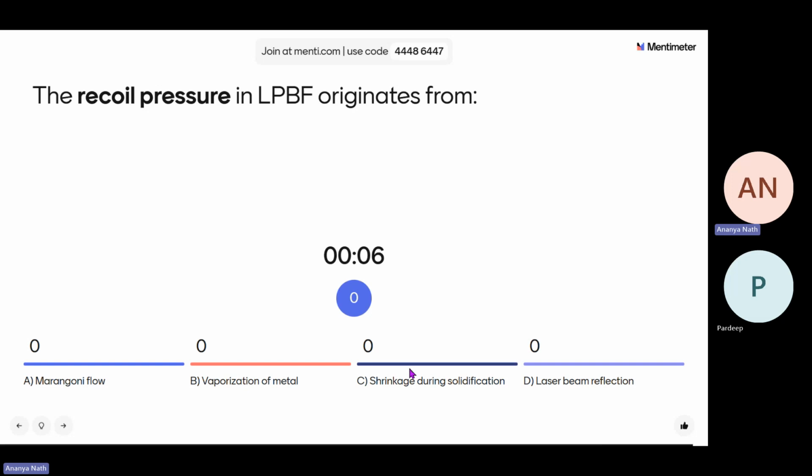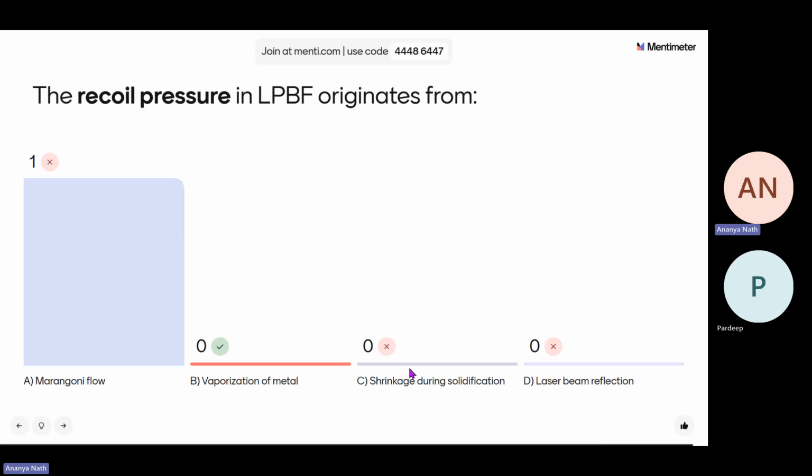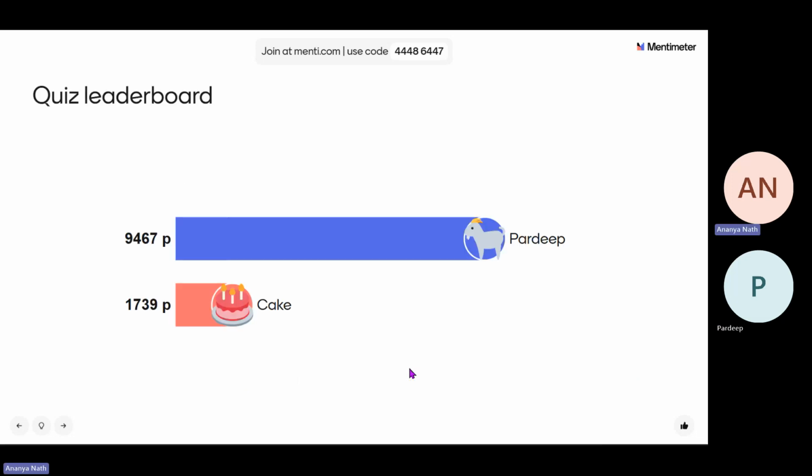There is Marangoni flow for the viscosity difference between the melted powder and the solidified powder. There is the vaporization of the metal because of the high heat gradient at some portion. So from the vaporization, the recoil pressure comes. The Marangoni flow comes from the viscosity difference in the melt pool. So that's all.